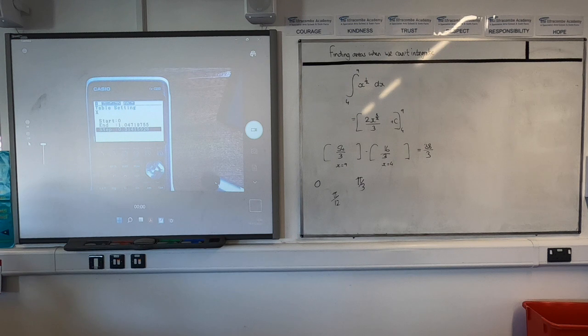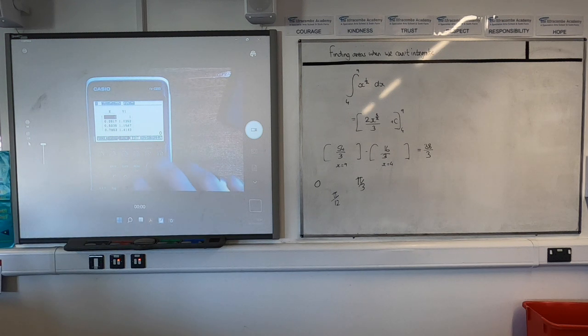And then the step, do you remember the jump was pi over 12? That was how wide our strips were. And then I press equals, and then I go to table.